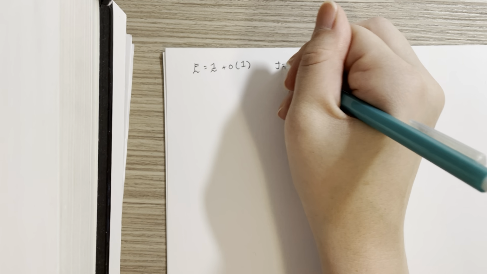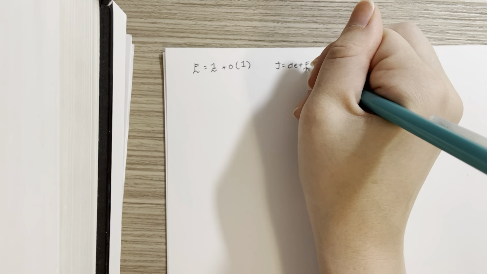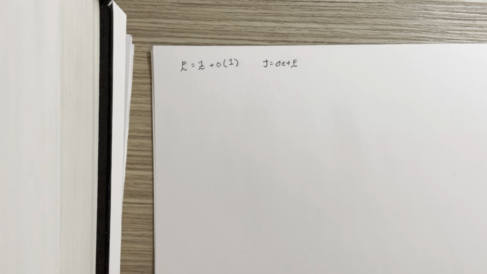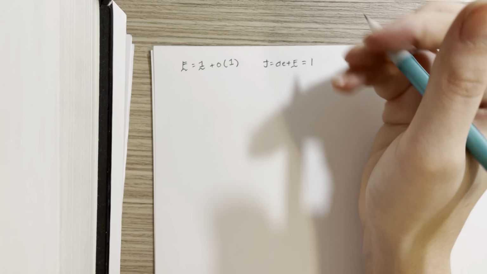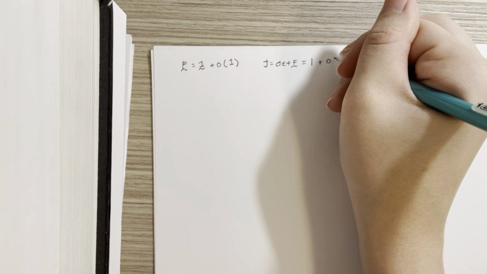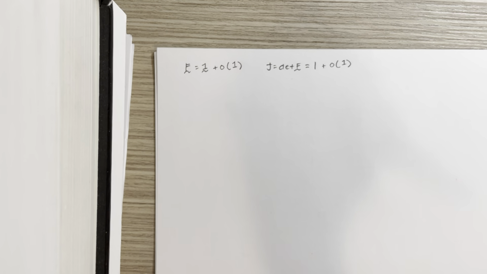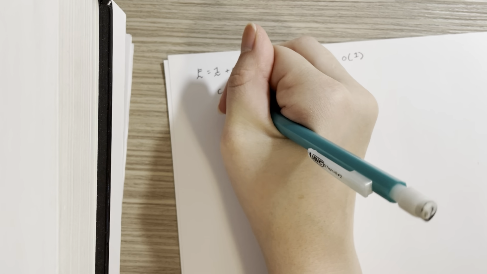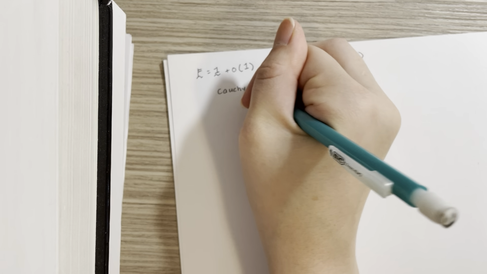And then we know that the Jacobian is equal to the determinant of F, which is equal to 1 plus some higher order term that we'll end up neglecting, but for now we'll keep it in our equation. So now we can form our equation for the Cauchy stress.